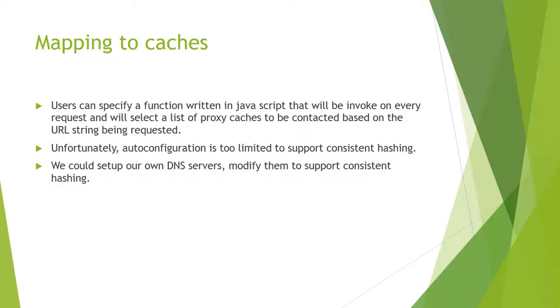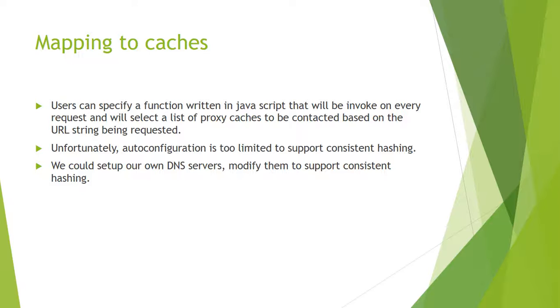Unfortunately, the auto configuration is too limited to support consistent hashing. The fundamental problem is that the auto configuration script is downloaded once manually. So if the set of proxy caches changes, the mapping function would become incorrect.